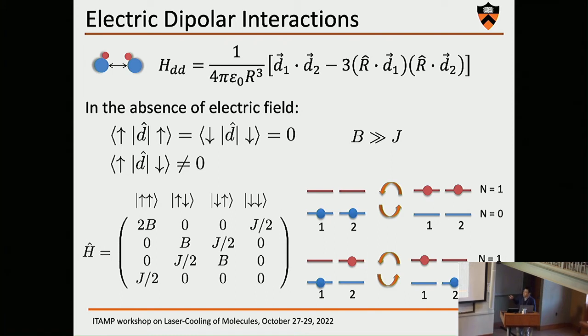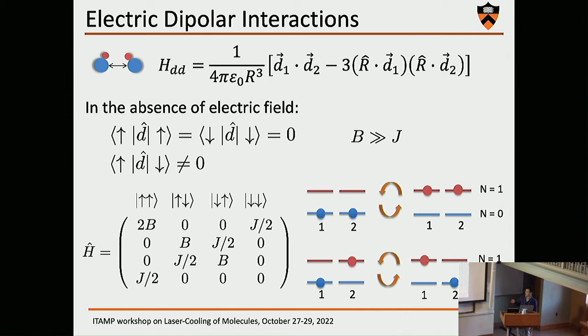So fundamentally, the interactions arise from this dipolar interaction Hamiltonian, which goes as 1 over the separation distance cubed. It's anisotropic, and it depends on the product of the dipole operators on each of the molecules within the pair.